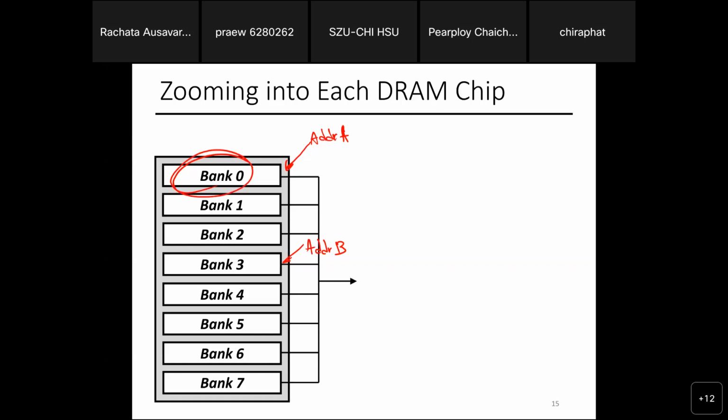It's like when you go to the supermarket and there are 8 checkout lines. When you go only to one bank, it's like everyone goes to that one checkout line. The other 7 don't get used. You wait a long time for sure, right? The distribution of your addresses will allow you to use all the checkout lines. So overall, your program should be faster.